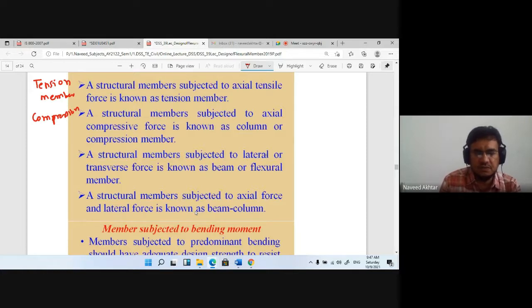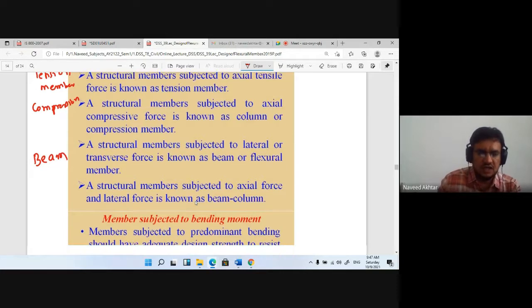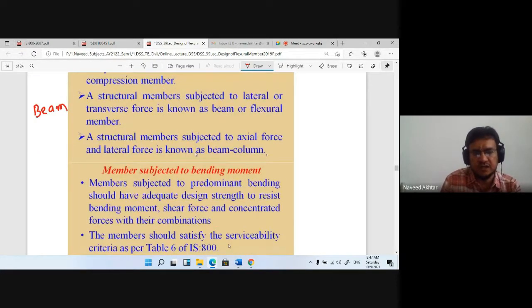A structural member subjected to lateral or transverse force is known as a beam or flexural member. This is a beam or flexural member where the transverse loading is there. A structural member subjected to axial force and lateral force, where axial force is compression and transverse force is the beam, and the compression member is nothing but a column, is called a beam column.